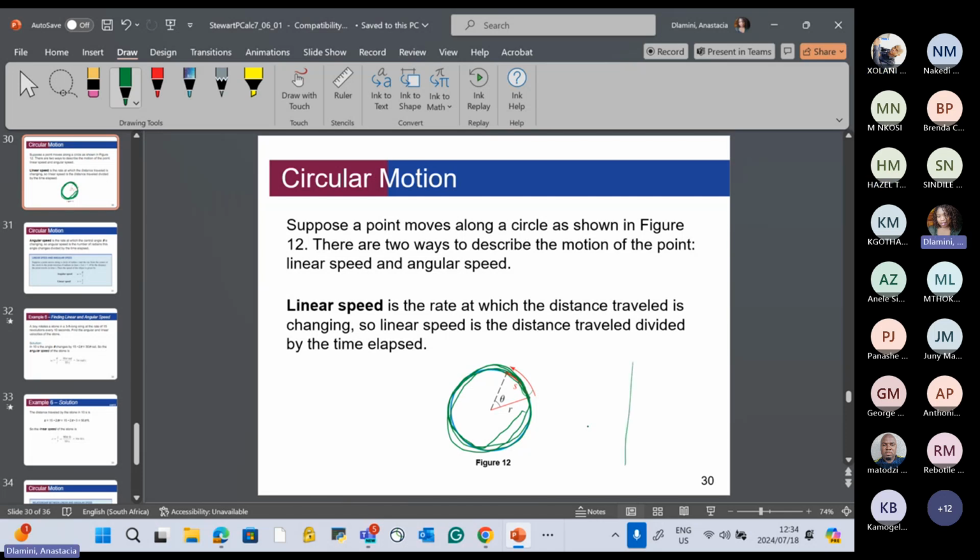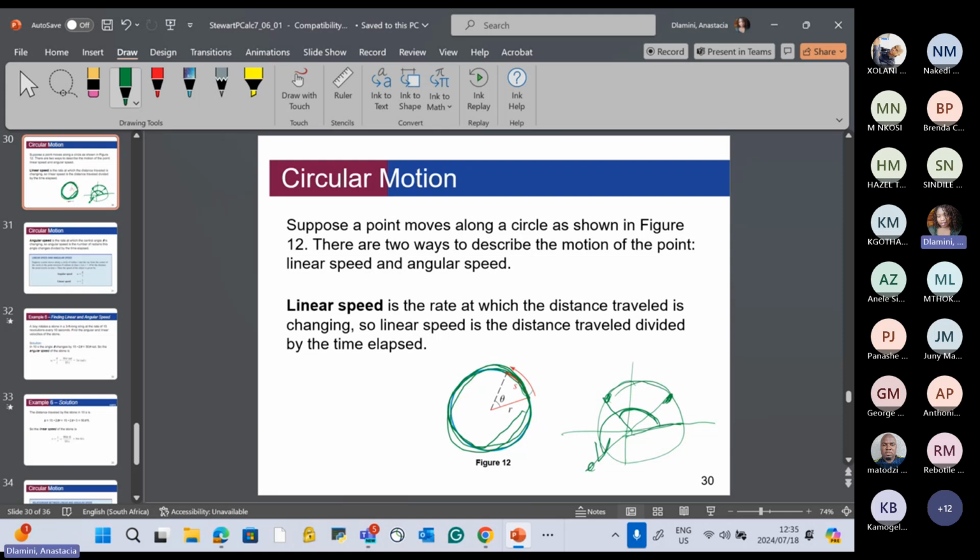Now the angular speed, remember, the more you are moving along the unit circle, the angle changes. For example, if I'm from here to here, the angle is somewhere here. Do you see that? Now, if I move along, now the angle is here. If I move up to this point, then the angle is from here to there. So then we're looking at the angular speed, the rate at which this angle is changing.